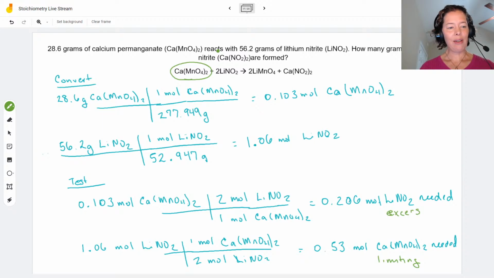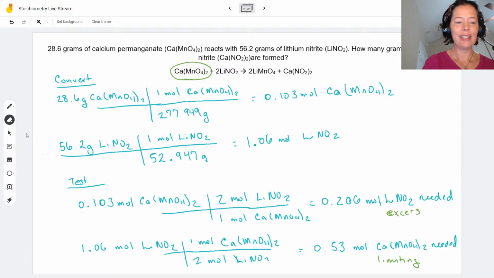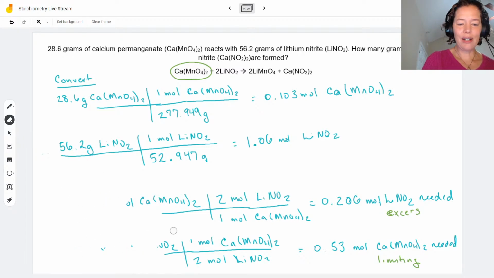Now, of course, I have run out of space again, so I will erase our tests and do our stoichiometry right here.